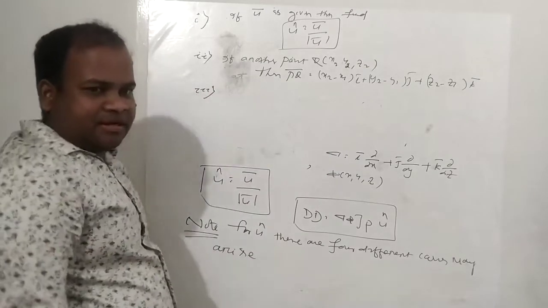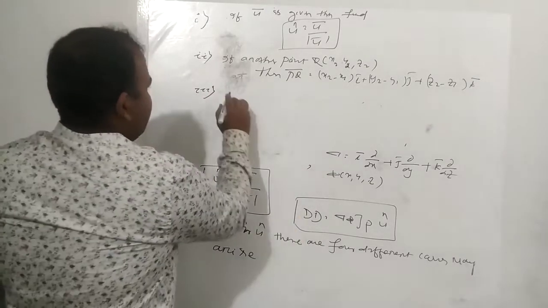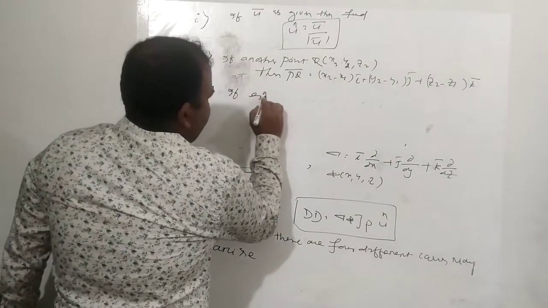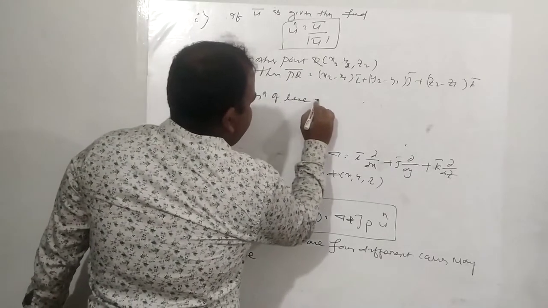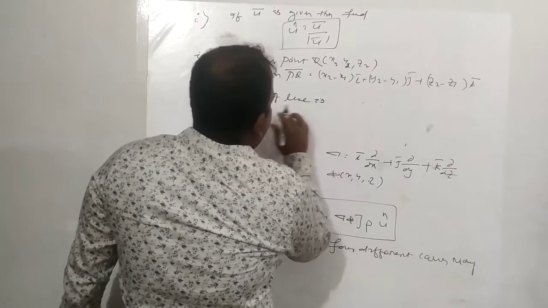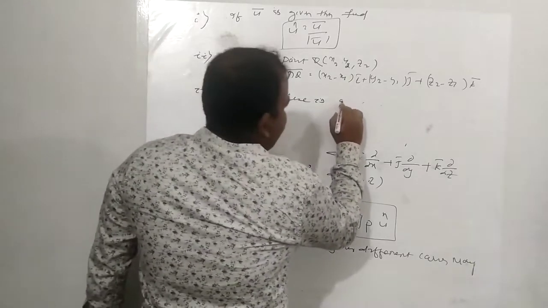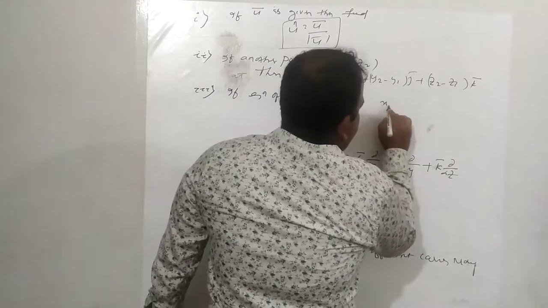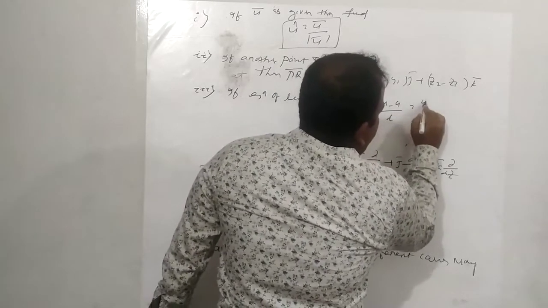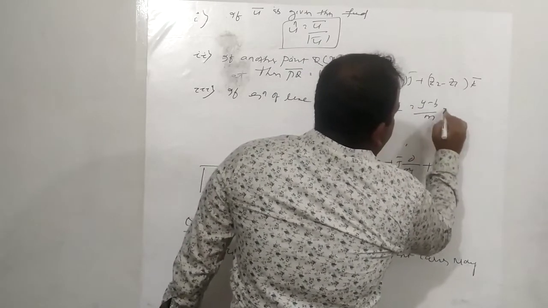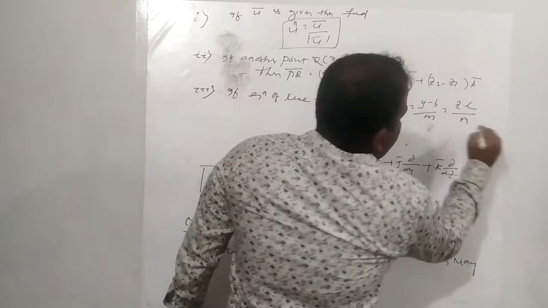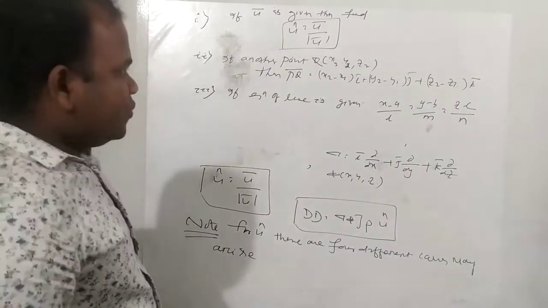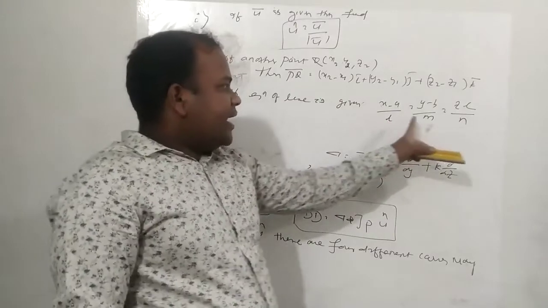Then what is the third case? If the equation of a line is given, that is (x minus a) upon l, (y minus b) upon m, (z minus c) upon n, then you will take l, m and n.